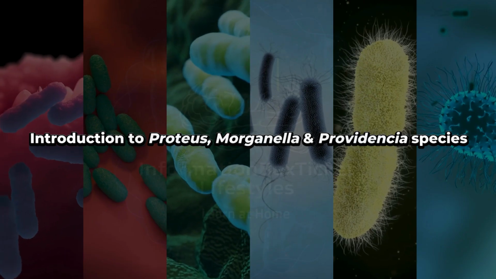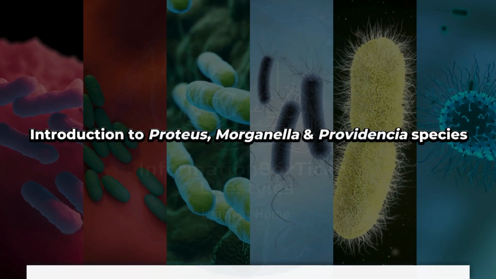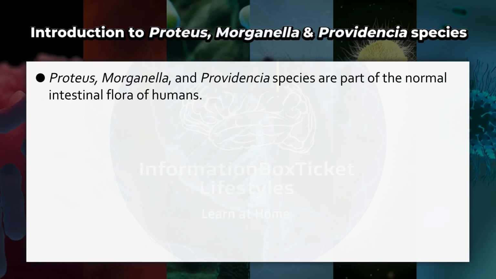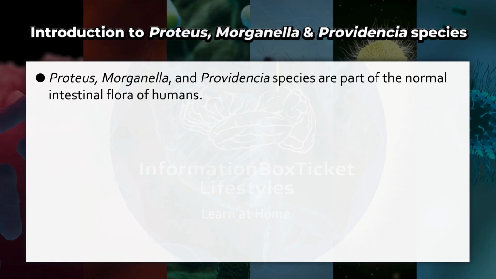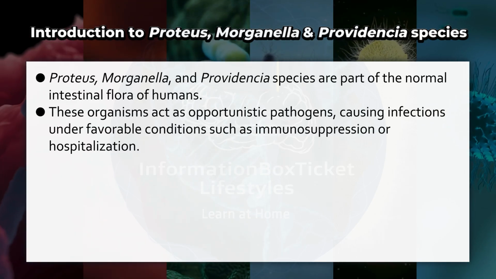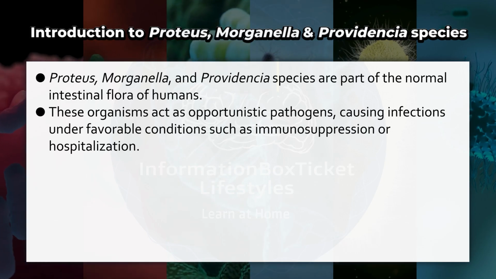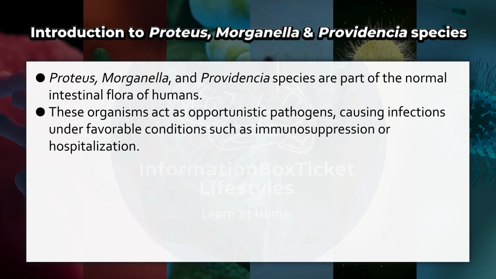Introduction to Proteus, Morganella, and Providencia species. Proteus, Morganella, and Providencia species are part of the normal intestinal flora of humans. These organisms act as opportunistic pathogens, causing infections under favorable conditions such as immunosuppression or hospitalization.